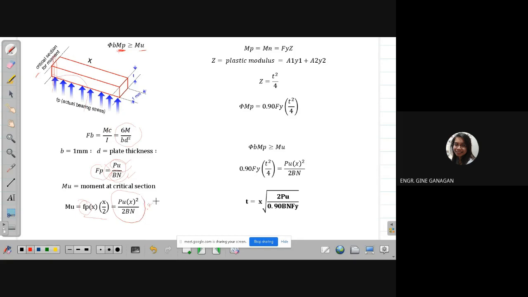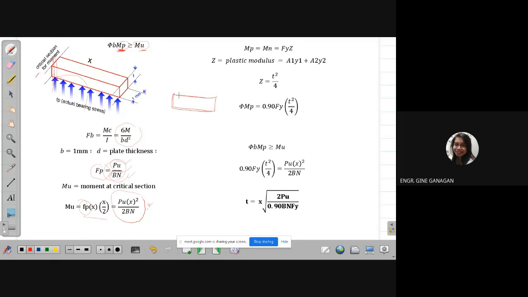Ito yung equation natin. So meron na tayong equation ng MU, meron din tayong equation ng MP. Okay? That is Fy times Z. Okay? So this time, yung Z natin, yung plastic modulus natin, is yung statical moment above, yung ating strip, area above, and then yung area below.